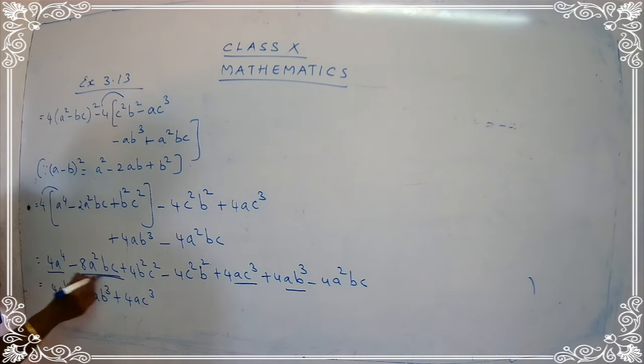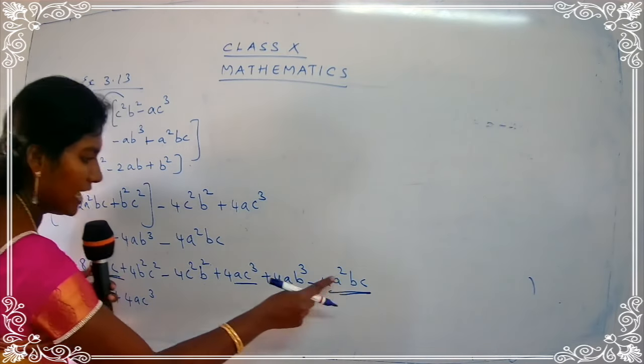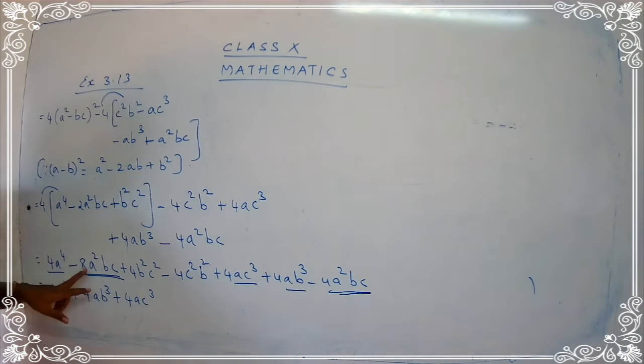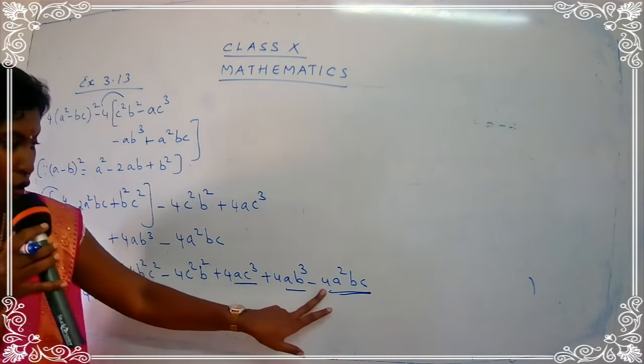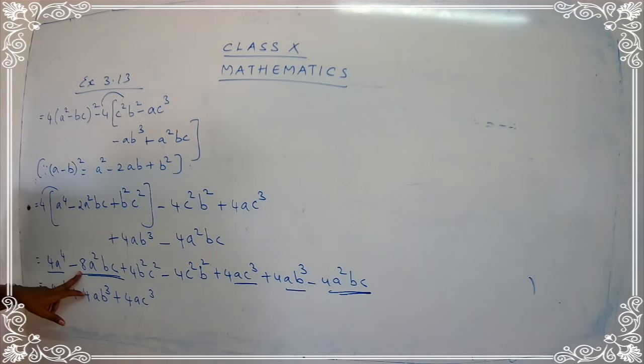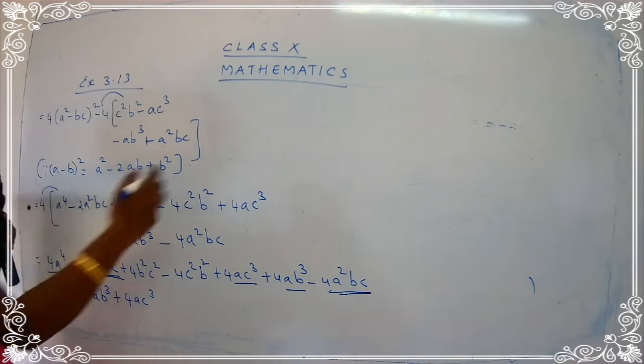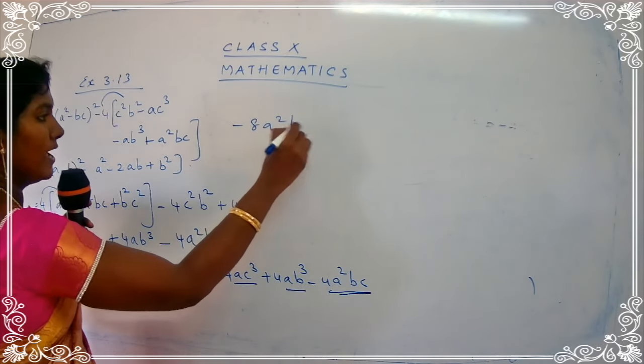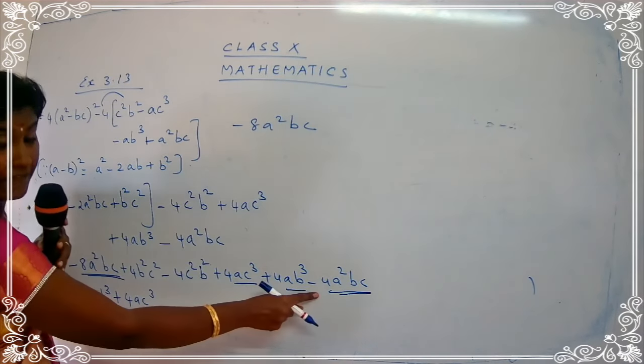Here we have a square bc, a square bc. Again here we have a square bc. Be careful, see, they are like terms. Minus 8a square bc, minus 4a square bc. So they are like terms. What is the coefficient here? Minus 8a square bc. What we have here?